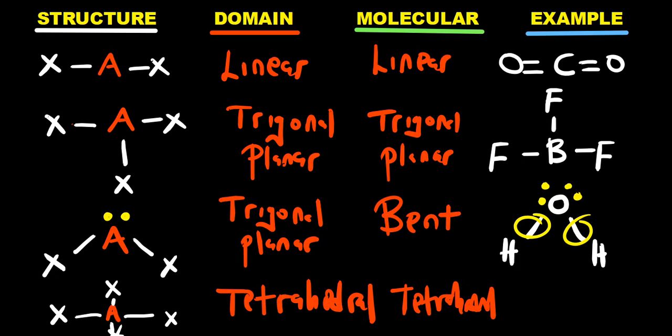Now a common example that we can give for this one is, which example can we give for a tetrahedral structure? Let's say methane. Methane is CH4.